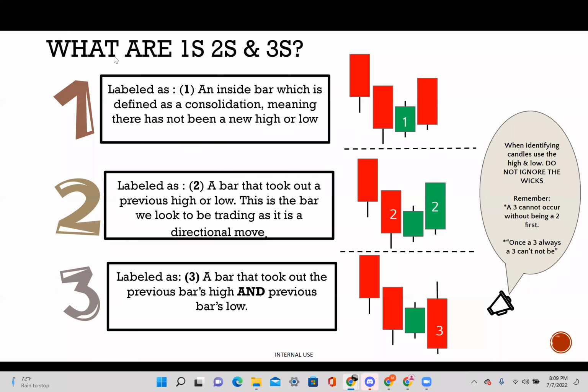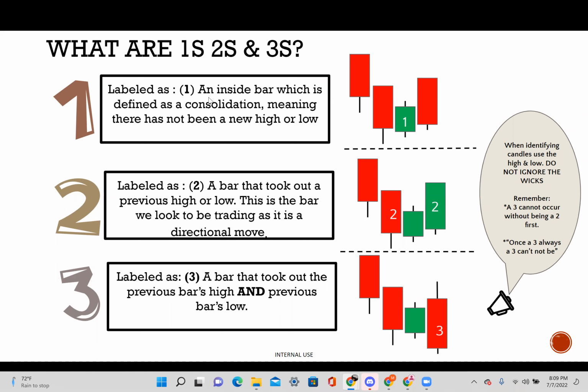All right, what are 1s, what are 2s, and what are 3s? A 1 is an inside bar, which is defined as a consolidation period, right? Meaning there has not been a new high or a new low from its previous candle, right? It just doesn't say it in there, but you'll see how it references it.